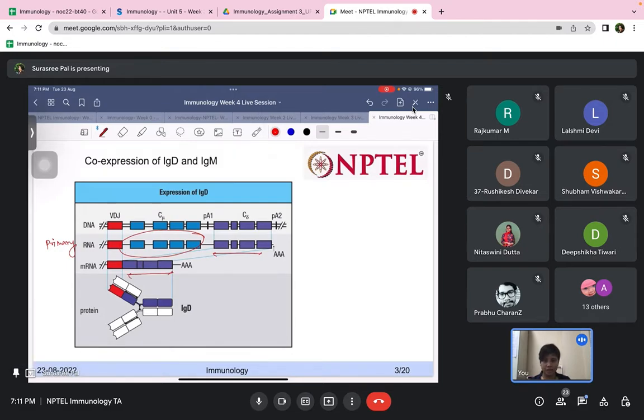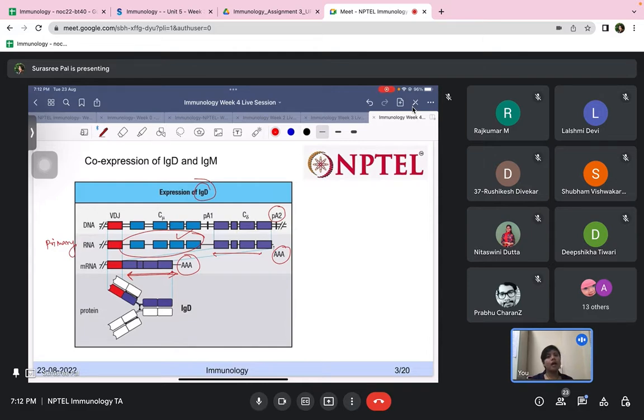After this, at the polyadenylation signal, the poly A tail is added. So between these, the C mu regions are deleted, and the final mature mRNA contains the C delta region, which will be required for expression of IgD.